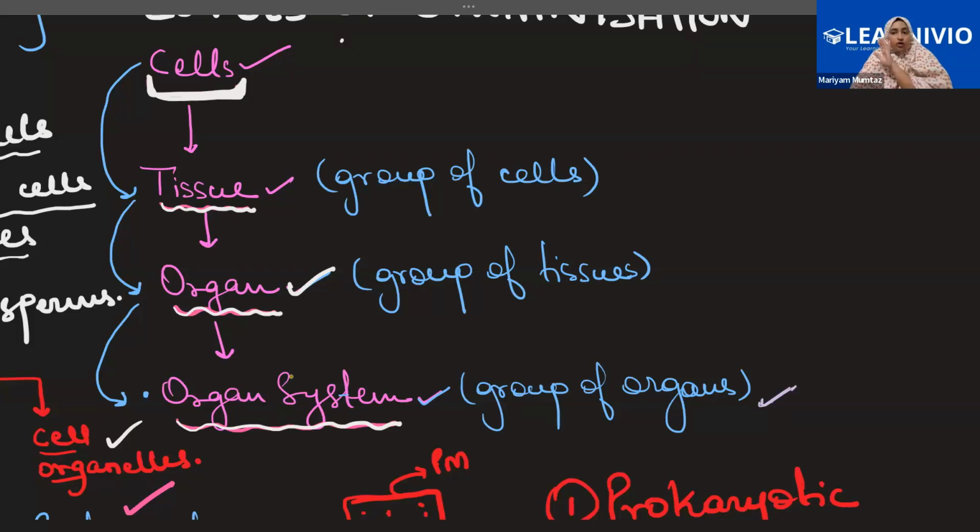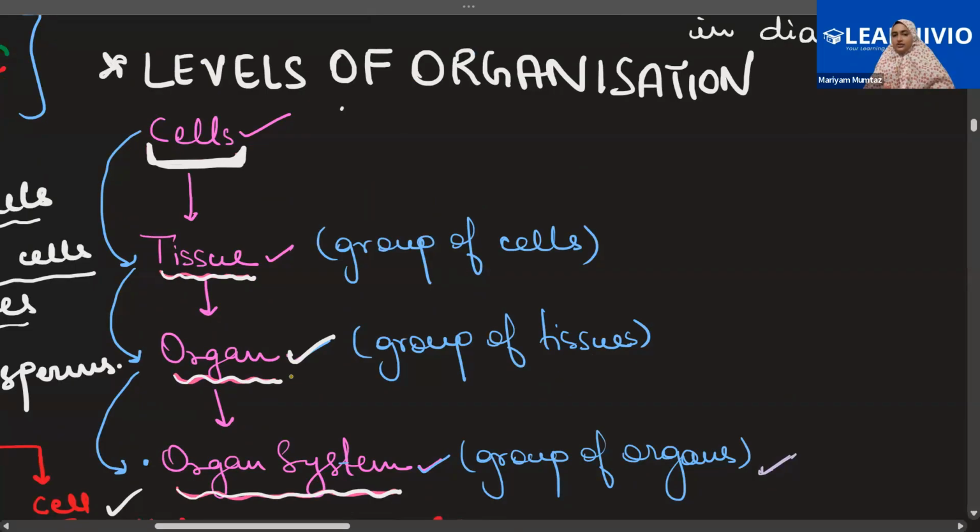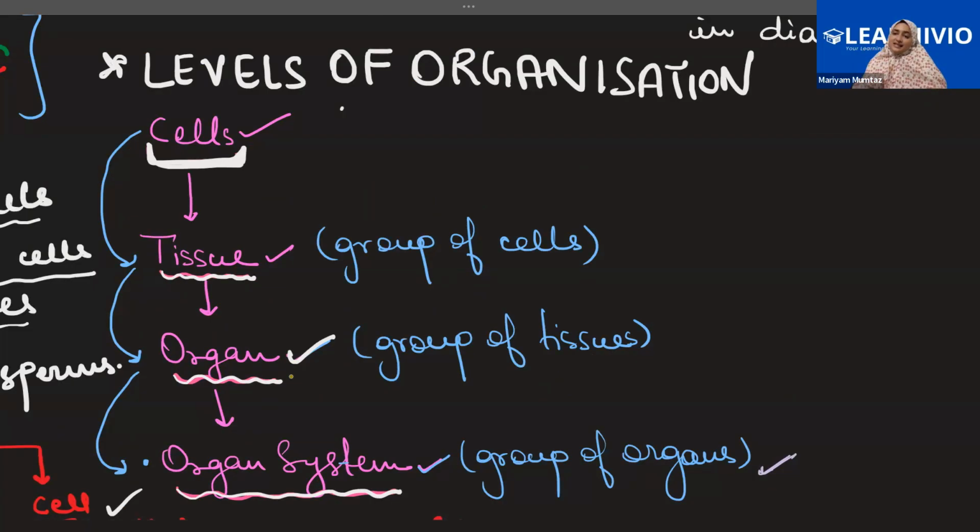Even if you're not looking at that thing, for example, if I say cat, immediately a cat comes to your mind, the picture is drawn, and you can tell what a cat is. So that is the organ system level of organization. So these are the various levels of organization. Clear? As the organism's complexity increases, for example, from one cell the organism becomes multiple cells, so does the level of organization increase in that organism.